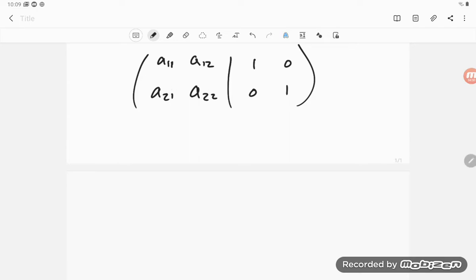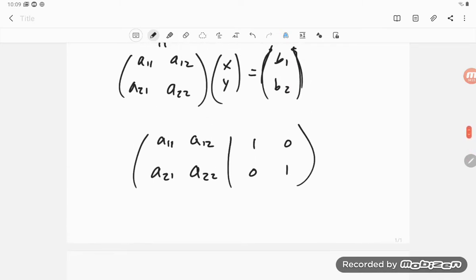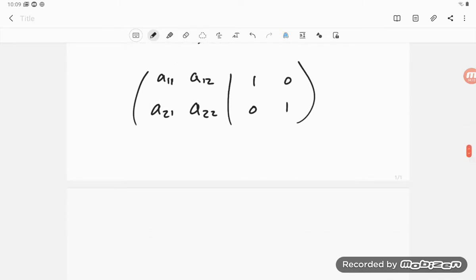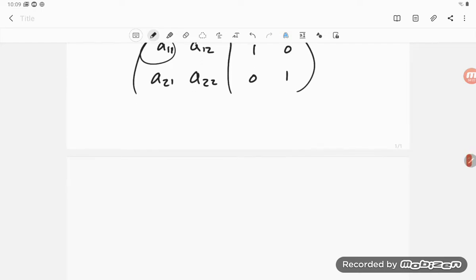If I'm going to have a chance of finding the inverse, I do know that either a11 or a21 needs to be non-zero. So I'm just going to assume, for now anyway, that a11 is non-zero.